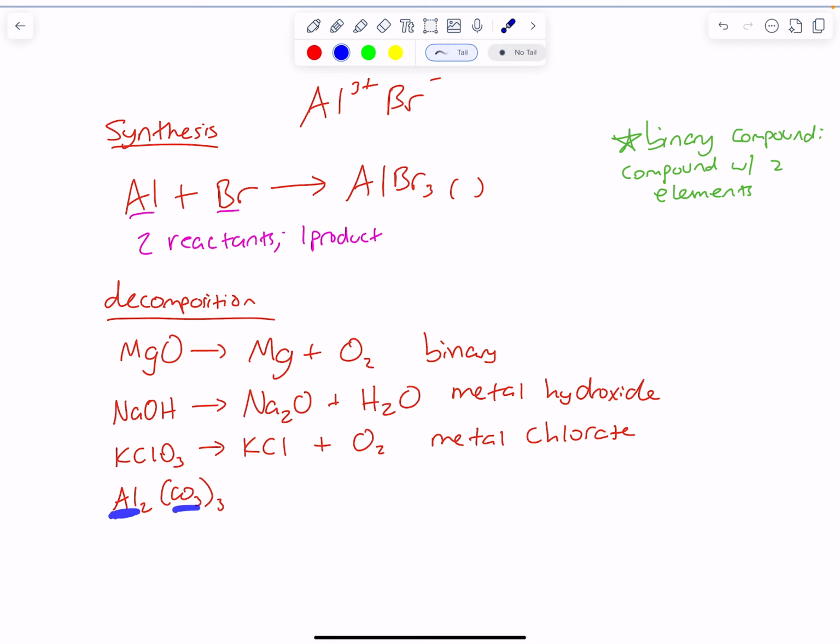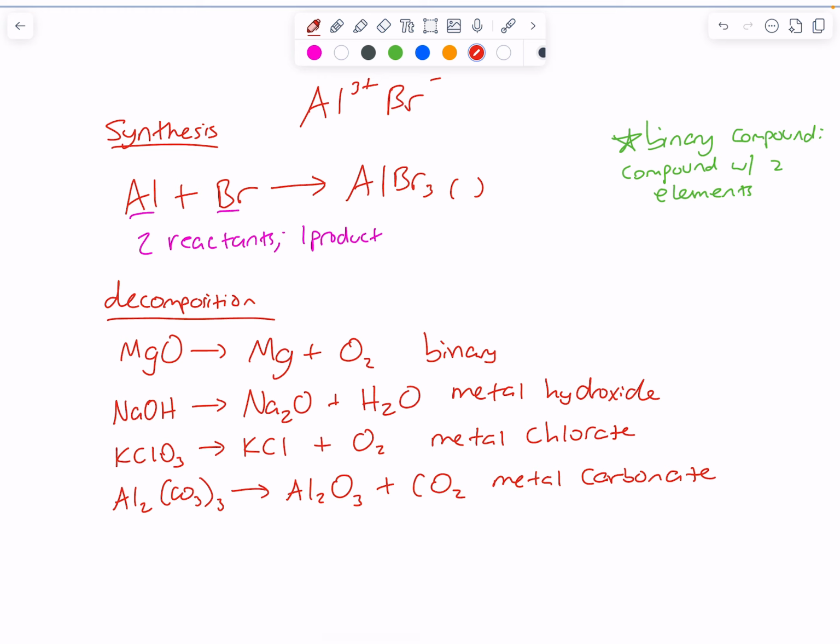So a metal with carbonate, a metal with chlorate, a metal with hydroxide. That's where I'm getting these words from. These metal carbonates like to break down into metal oxides and carbon dioxide. Again, four types of decomposition. All of these fall under decomposition. Do not get it twisted.